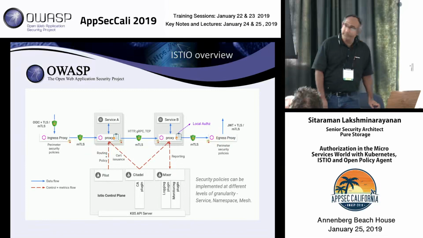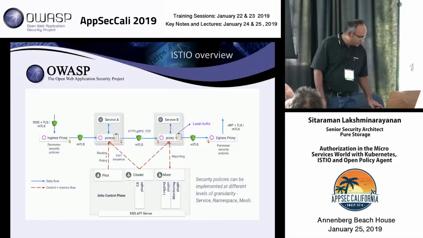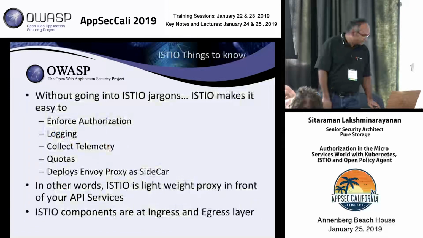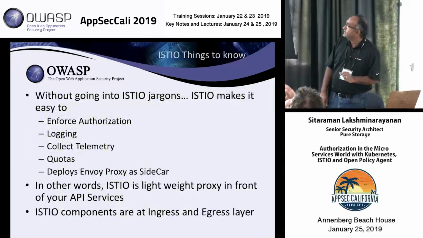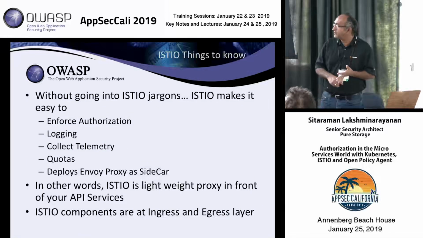So you get some of the benefits, but then you ask, how about authorization, right? Authorization is still going to be local to the service that you deploy. With ISTIO, just at a high level, you can have your own authorization.